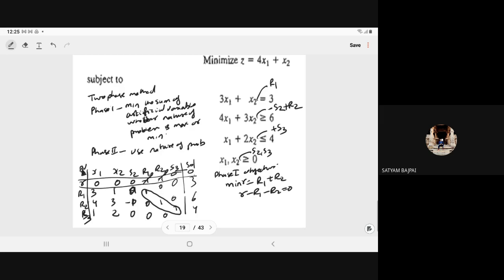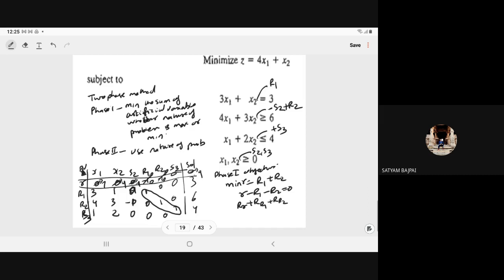So we do the r row plus r1 row plus r2 row. It becomes 7, 3 plus 4 is 7, then 1 plus 3 is 4, then minus 1, then 0, 0, this remains 0, and here we have 9. So this is the first step of phase 1.